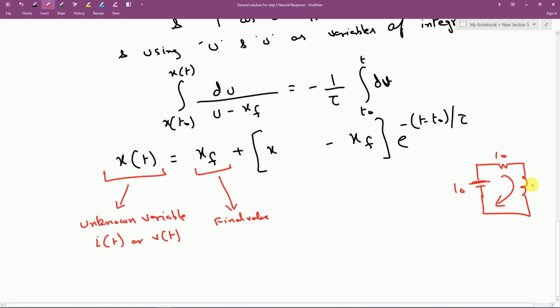Forget about the value of this inductance right now. The time required for an inductance to come into a steady state is 5 time constants. So after that the inductance will behave like a short circuit path, and the current I shall have a final value equal to V over R, which is equal to 1. So this 1 shall be the final value for this expression here.